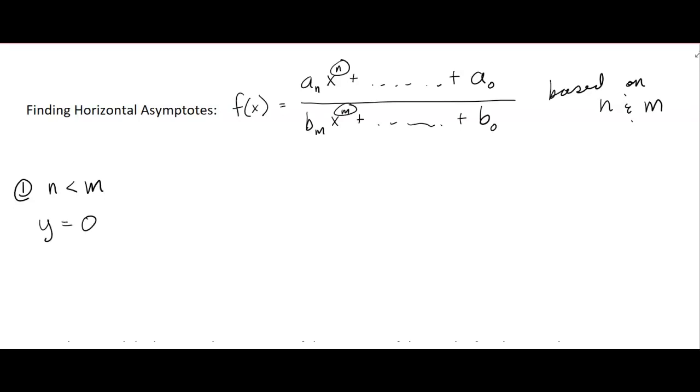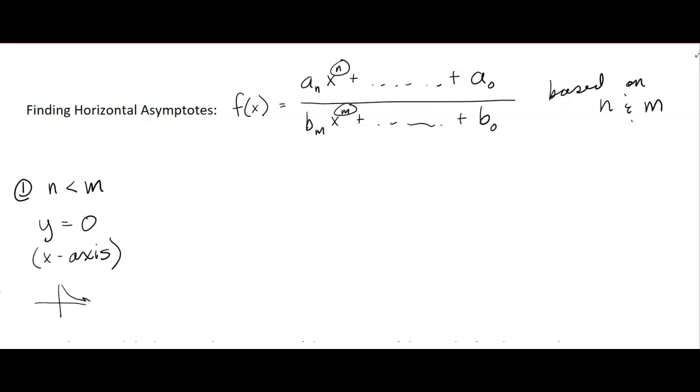It's the x-axis. So I'll put that in parentheses. It's the x-axis. So that happens sometimes. The degree of the numerator is less than the degree of the denominator, and you just have a horizontal asymptote at the x-axis.